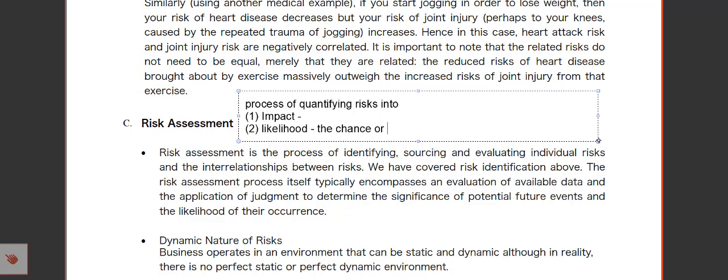Likelihood is the chance or probability that risk will materialize, that risk will occur. Impact is the consequences, which can be financial and non-financial, when risks do occur.